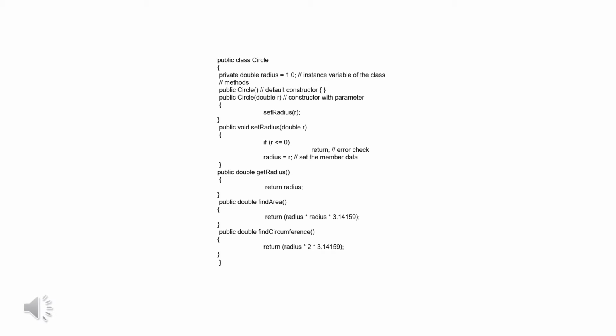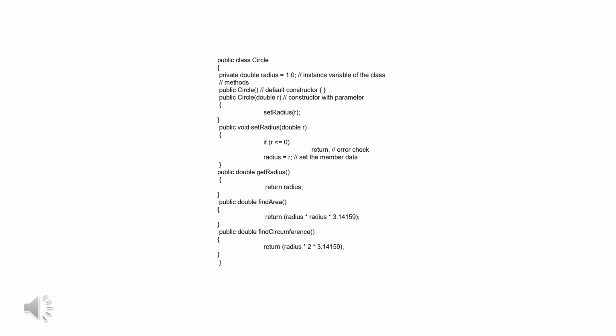Now, don't worry if you don't know, for example, why private, right? So I will explain them more in detail. Then I have public circle and public circle double R, right? So these two are the constructors of circle.